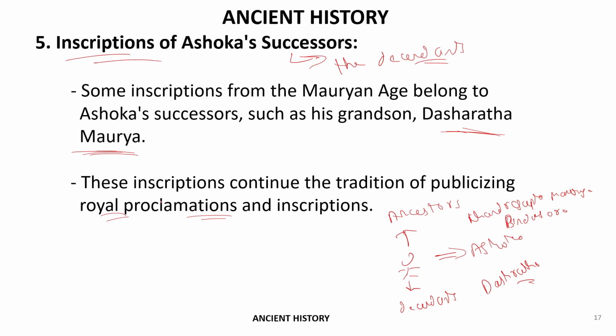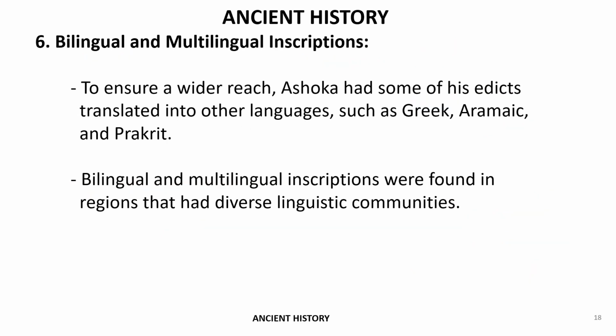Okay, a similar concept was continued by his descendants or successors like Dashrath, who was the grandson of Ashoka. These inscriptions had the royal proclamation, what the royal had decided for the people, how it will impact the people, what are the good opportunities in this. All these things are mentioned on these inscriptions. Okay, now let's move forward.